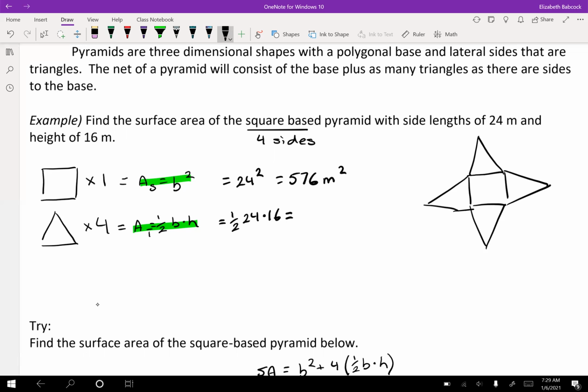And if we do our area for our triangle, we end up with 192 meters squared. But remember, we have 4 of those. So that means that they account for a total surface area of 768 meters squared. Then we take our two numbers and add them together to get our total. 576 plus 768. We get 1344 meters squared. And that would be your final answer.